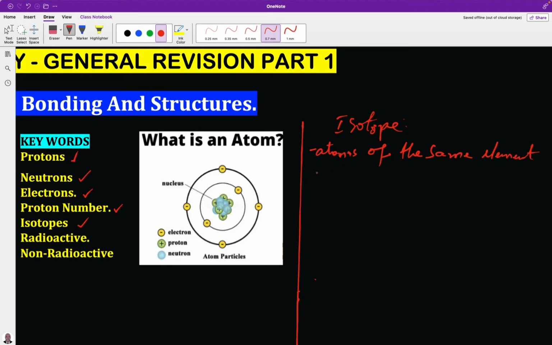They are atoms of the same element, have the same proton or atomic number, but different mass number, due to a different number of neutrons.